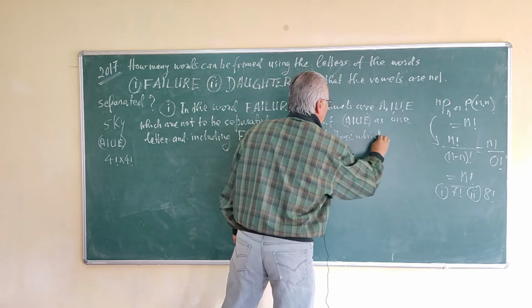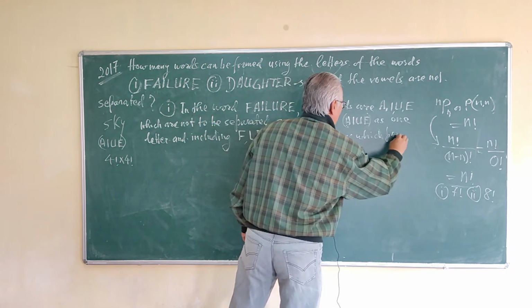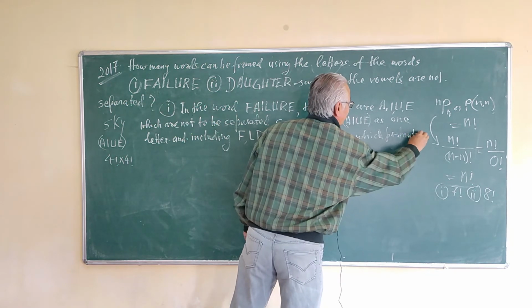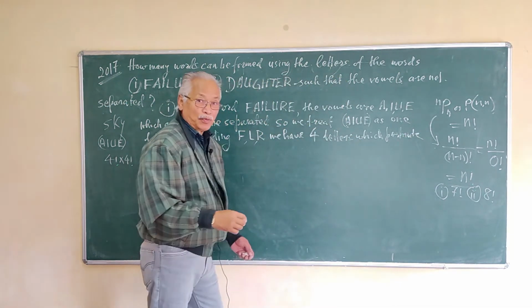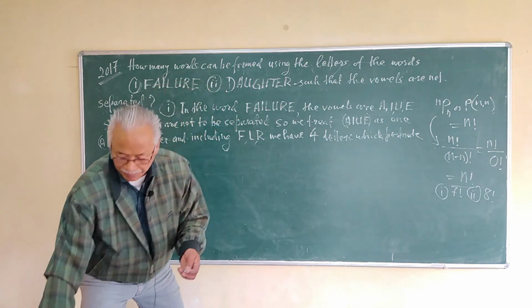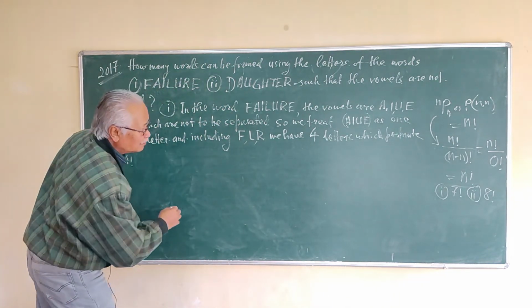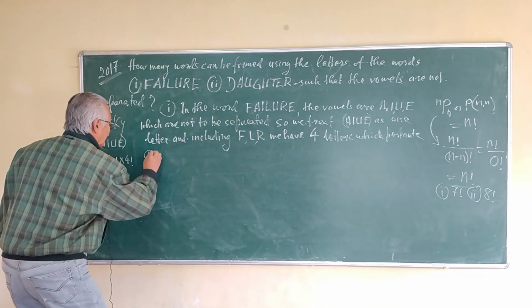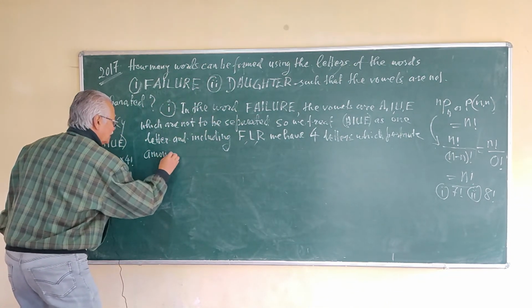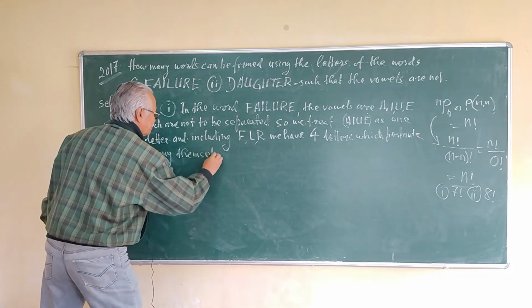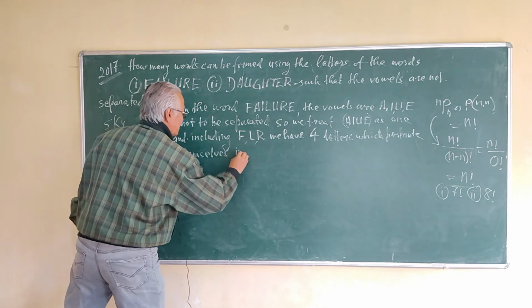Which permute among themselves, right? Permute is a case of permutation. So they permute among themselves. In how many ways?